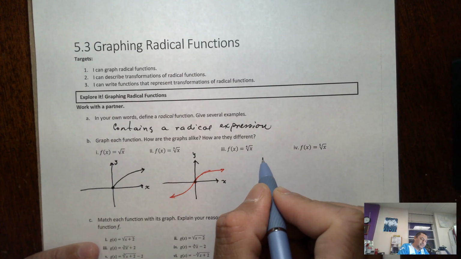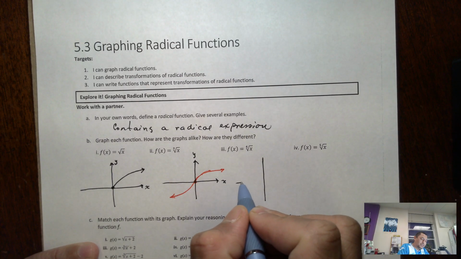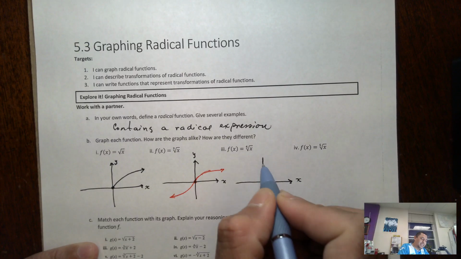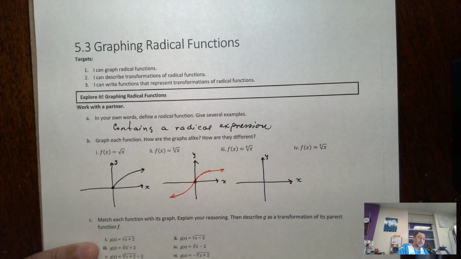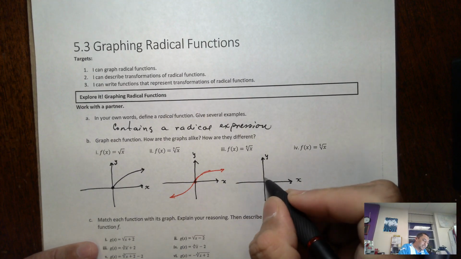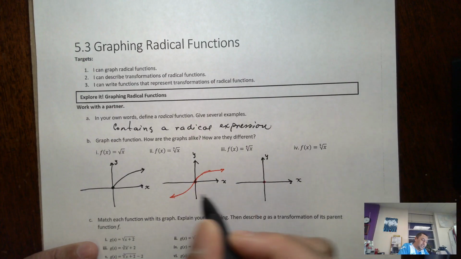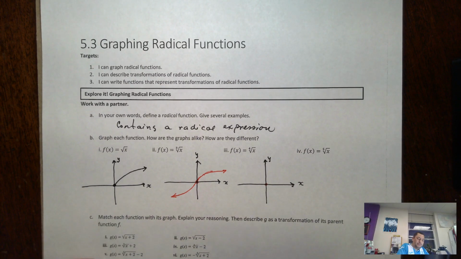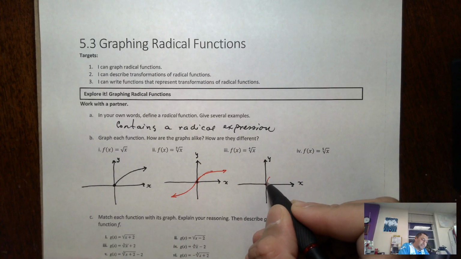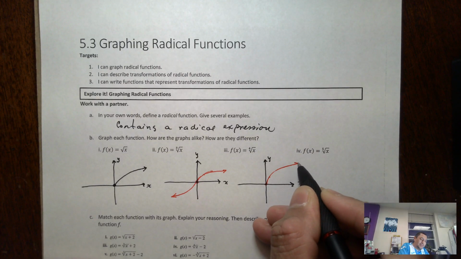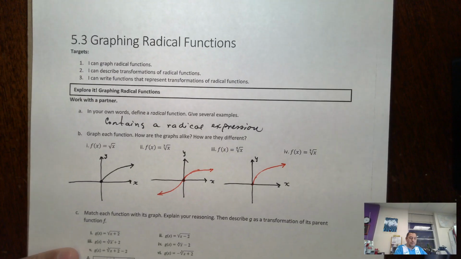Okay, so now the fourth root we're going to have here. Remember, this is x and this is y. You have an even index, so we are not going to have a function on the negative side of the quadrant. It's going to be similar to the square root of x, but it goes a little bit higher than your square root of x.